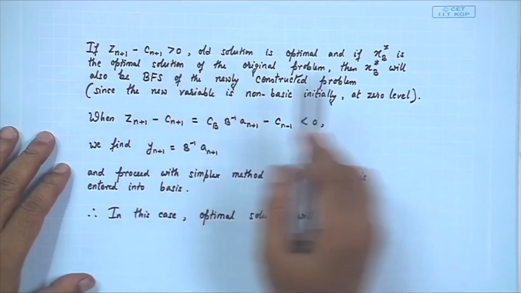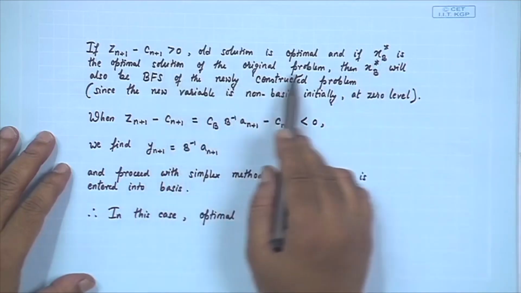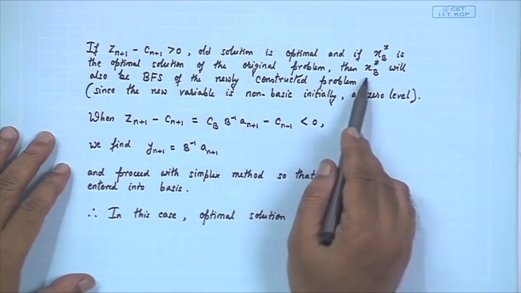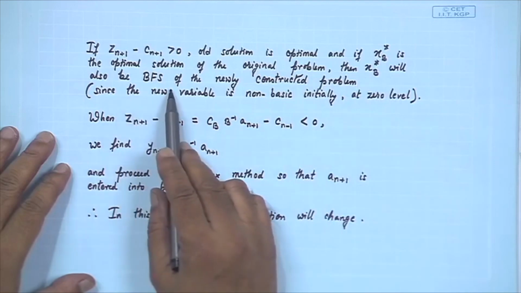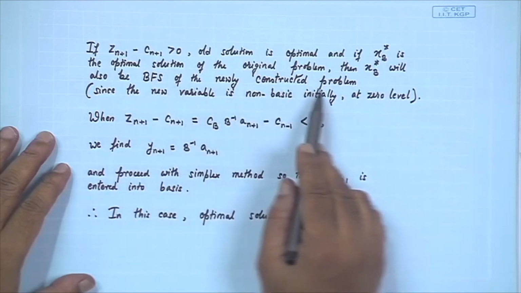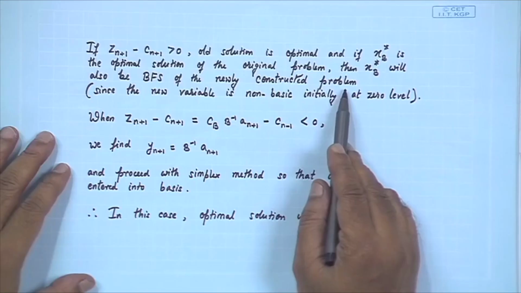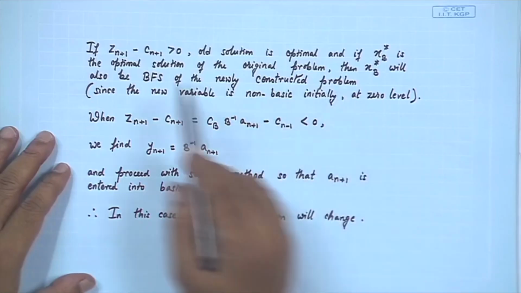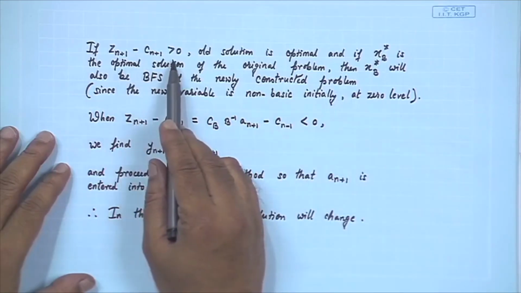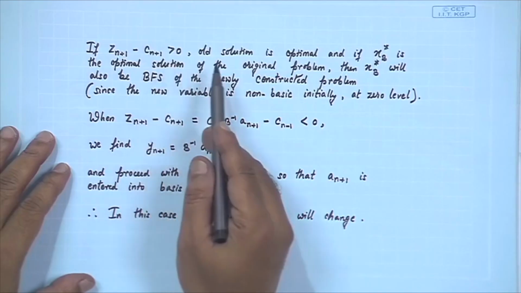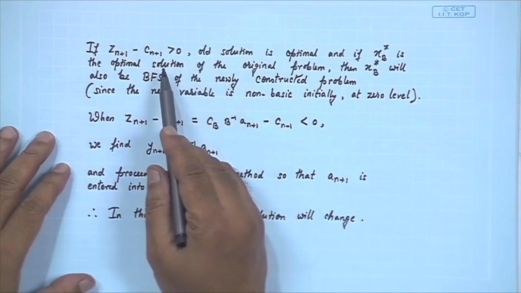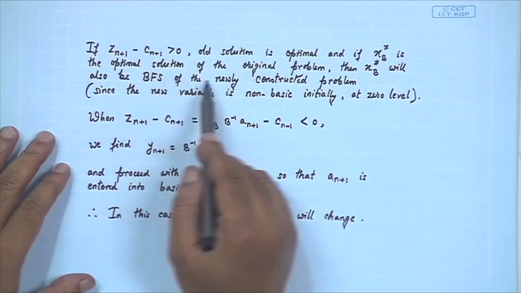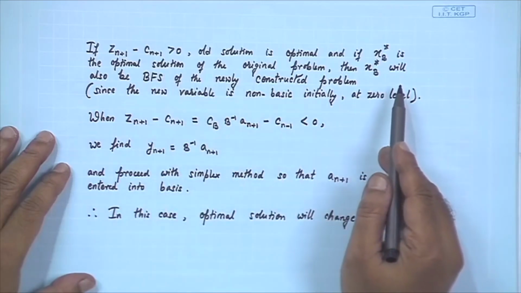If B star is the optimal solution of the original problem, then B star will also be the basic feasible solution of the new problem. So, if z_(n+1) minus c_(n+1) is greater than or equal to 0, then the old solution will remain the optimal solution of the new problem also.